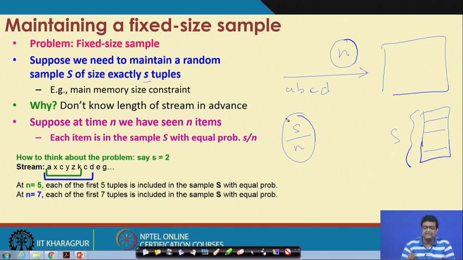That is, each element should be stored with equal probability, and since you have to store s out of the n elements that you have seen, the probability should be s by n. So this is the problem.